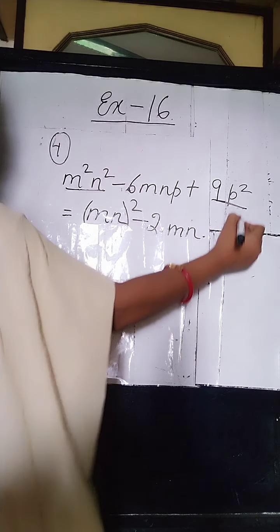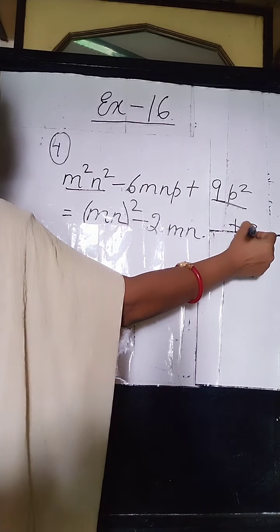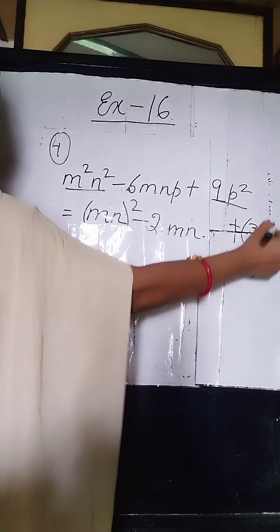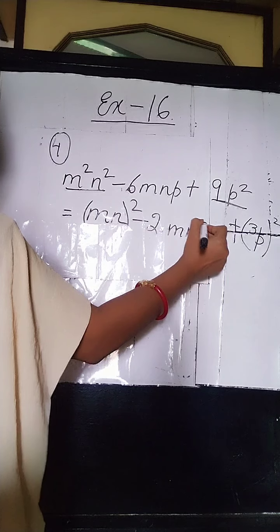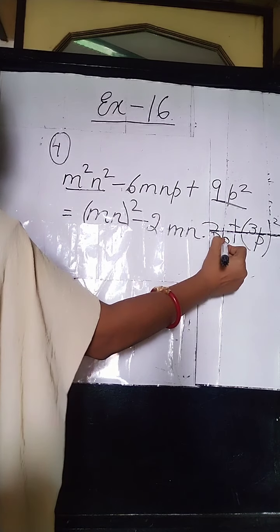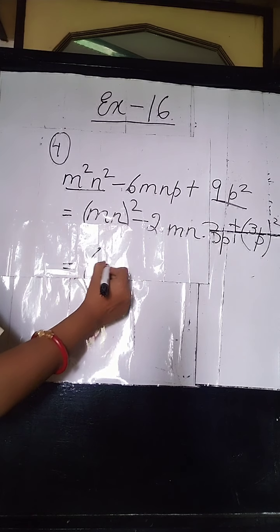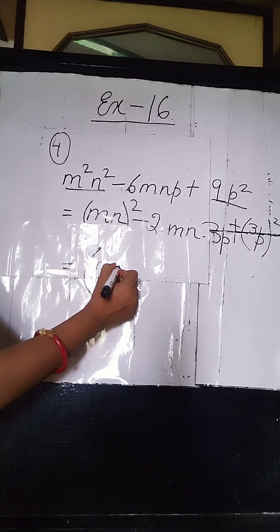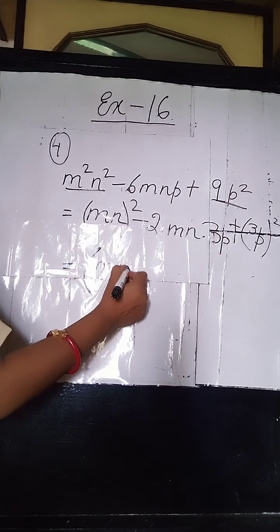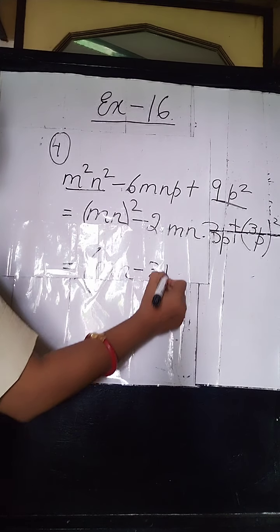Now 9p square is the whole square of 3p. So 2 into mn into 3p. So this is the formula of a minus b whole square. So here a minus b means mn minus 3p whole square.